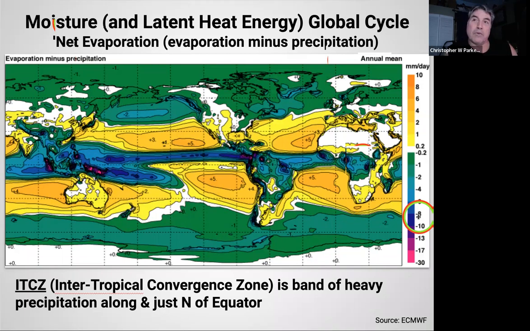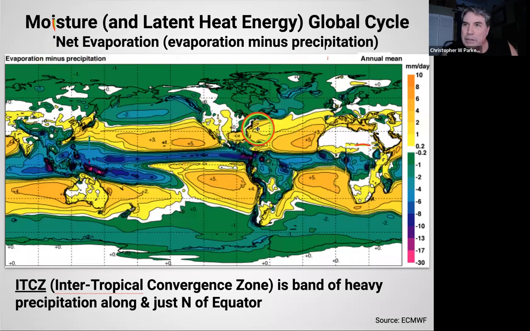If the number is negative, we've got more precipitation than we have evaporation. So areas that are negative have quite a bit of precipitation, but not very much evaporation. Areas that are positive have a lot of evaporation minus a relatively smaller amount of precipitation.